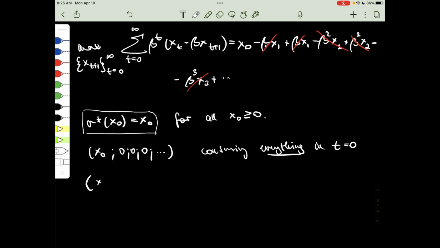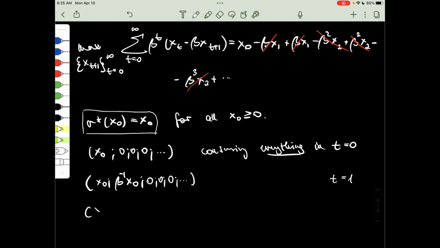Or another option: not consuming anything in T0 and consuming in T1.